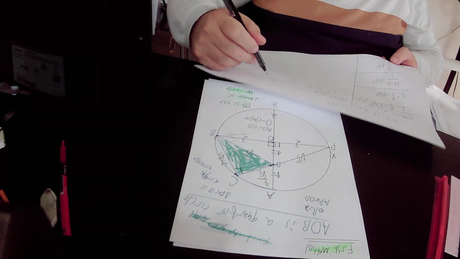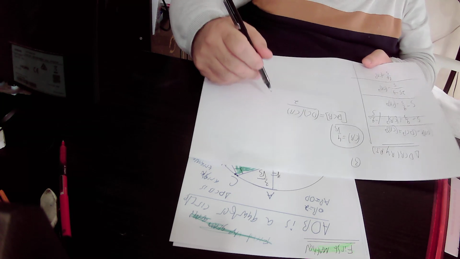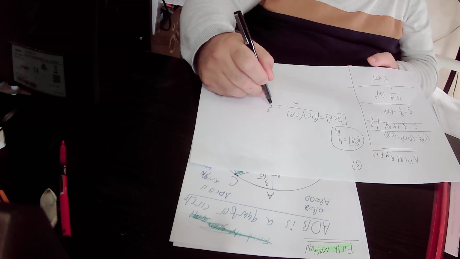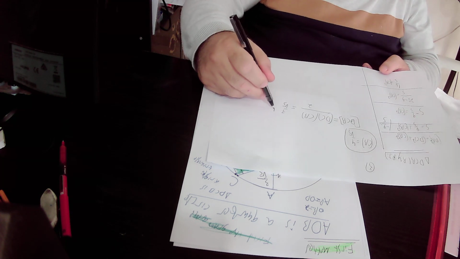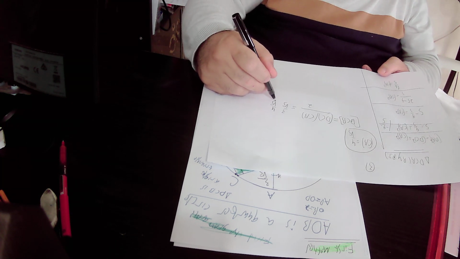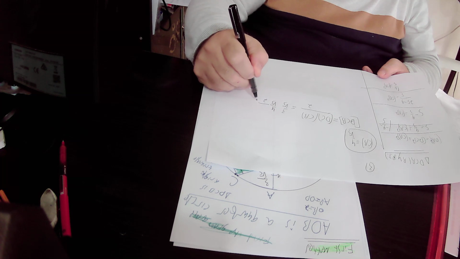So DC equals 3 over square root of 5 units times CB, that is equal to 4 over square root of 5 units, all divided by 2.